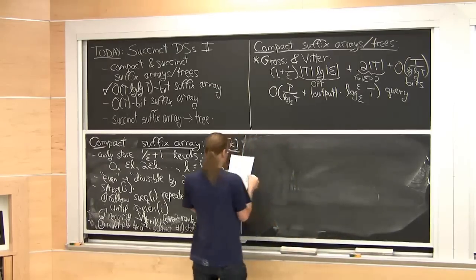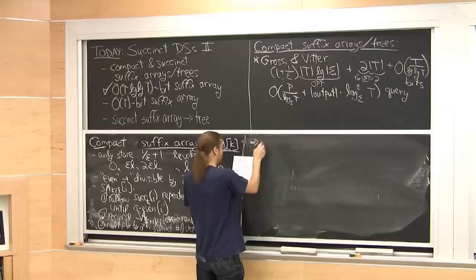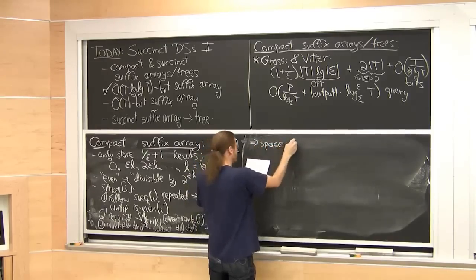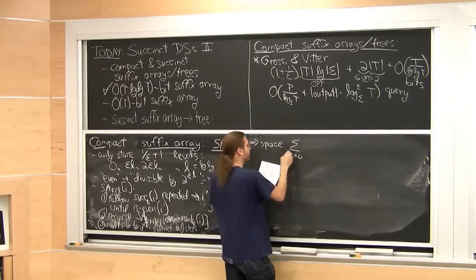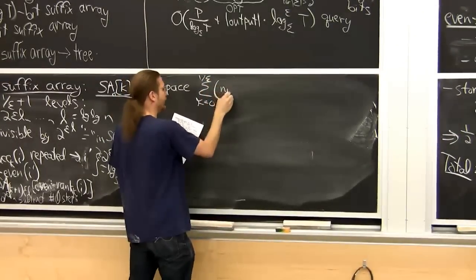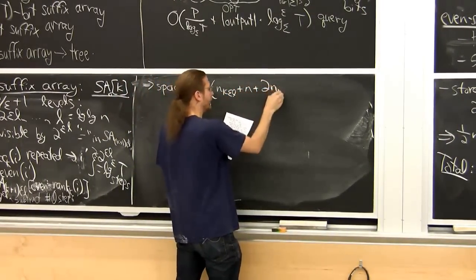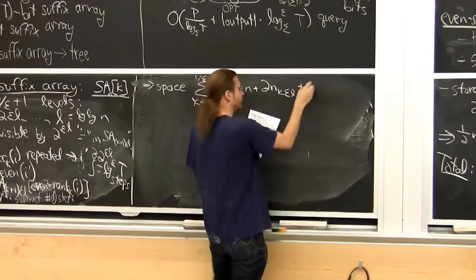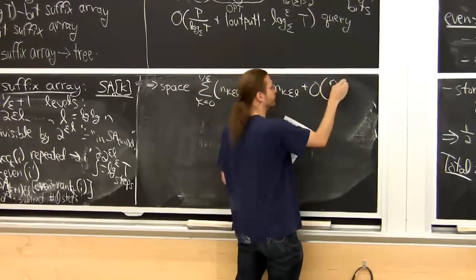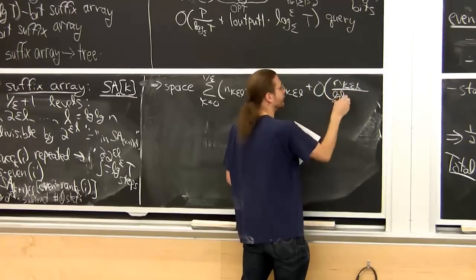Okay, so the claim is space can be the sum, k equals 0 to 1 over epsilon, of nk epsilon L plus n plus 2 nk epsilon L, plus the select bound n over log n.